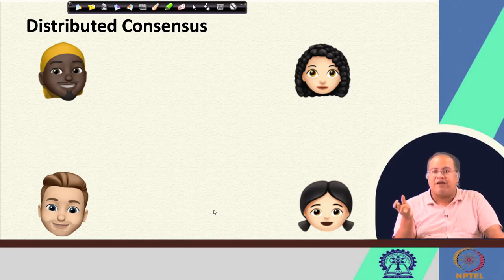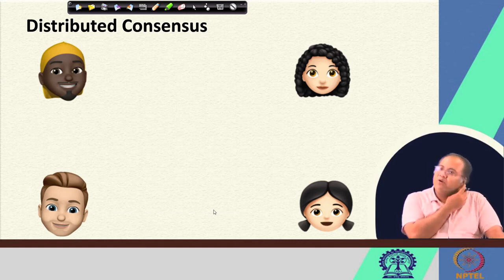You want to have either burger or pizza, but whatever you do, you want to do it collectively. So, all 4 of you want to go together. But assume that during this pandemic scenario, you are at your home, attending the class from your home, and you need to decide it.